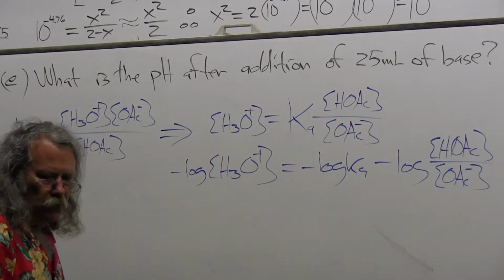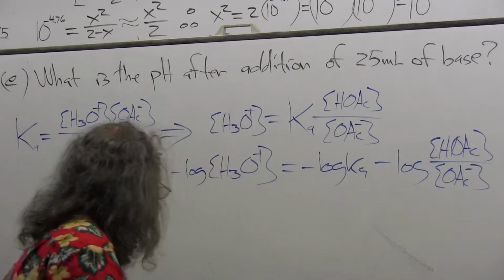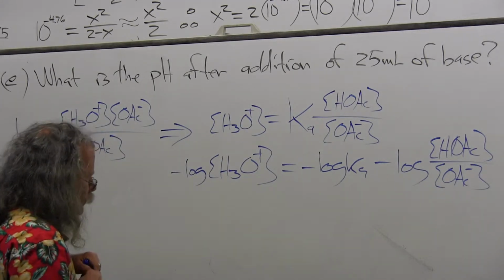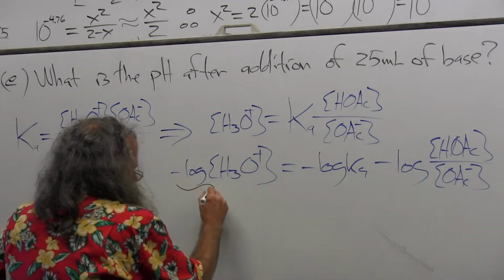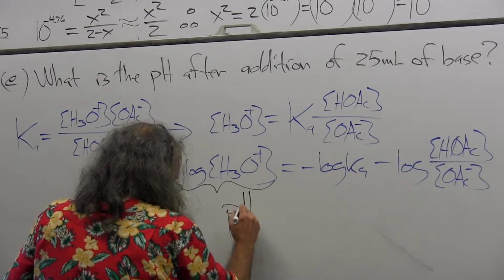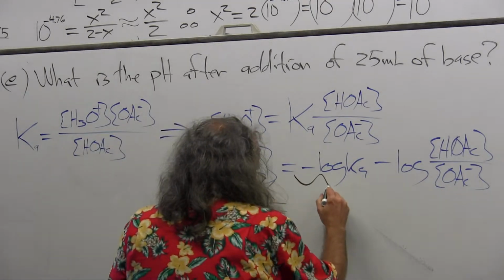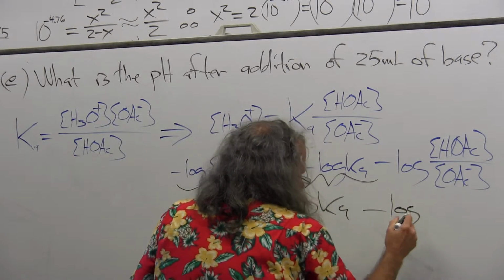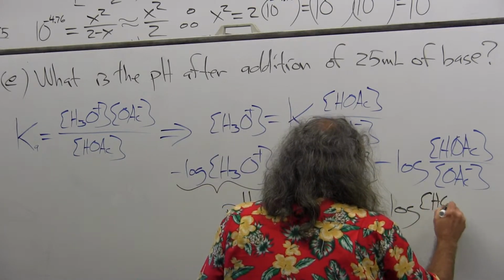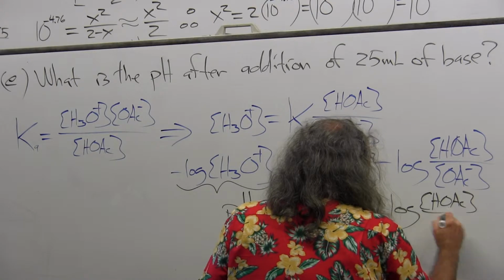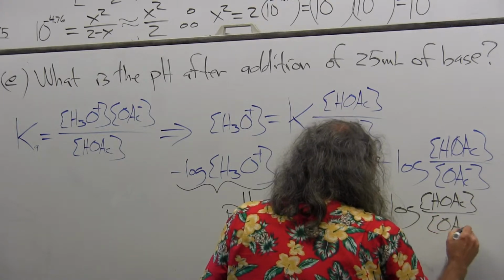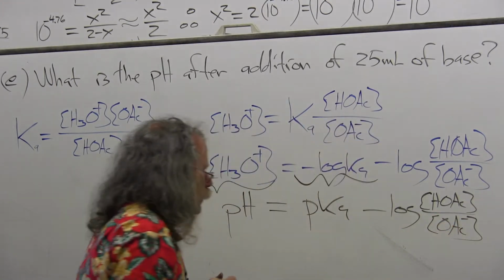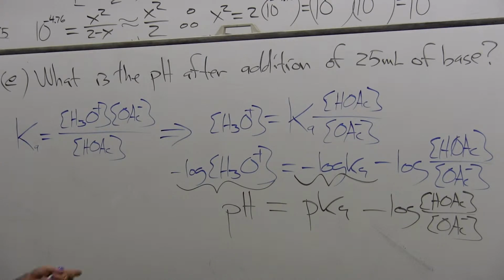And so now we're in a form that really gives us great simplification. What is this? pH equals pKa minus the log of acetic acid divided by the acetate. Okay, that is the needed equation.